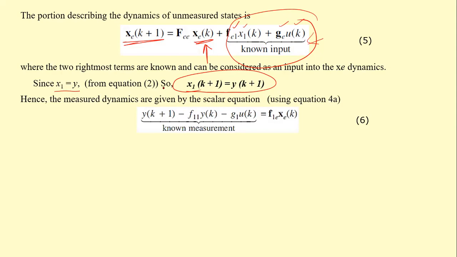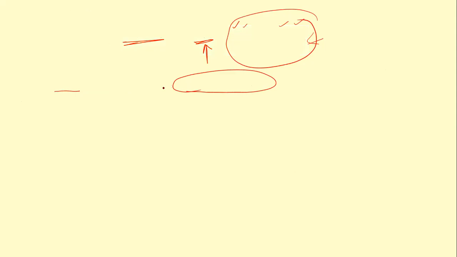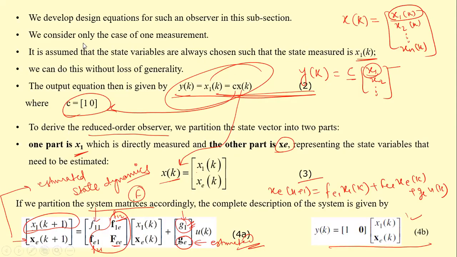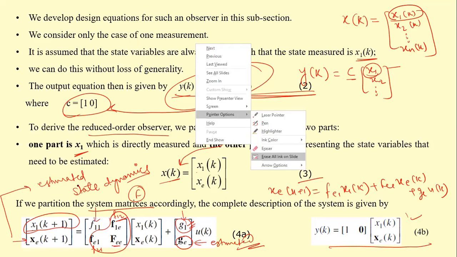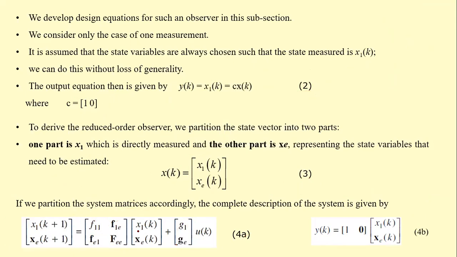So we'll use equation number 4a. So how did this equation come into existence? Let us see equation number 4a. If you replace this x1k with yk, and if you replace this x1k plus 1 with yk plus 1, you will get yk plus 1 is equal to f11 yk, right?